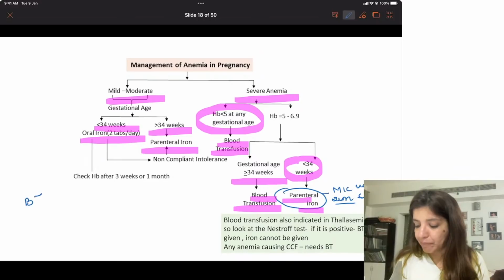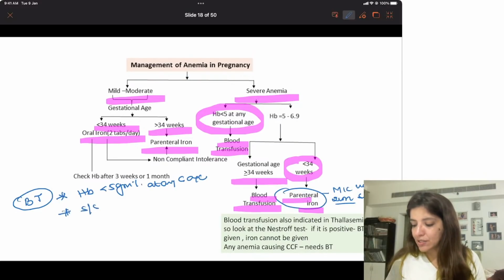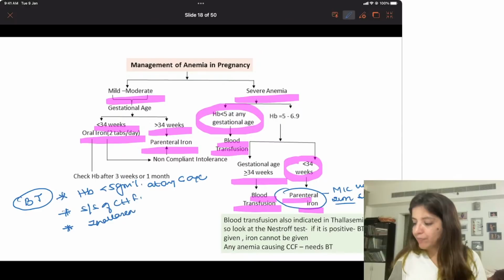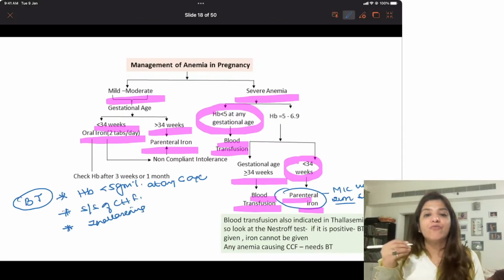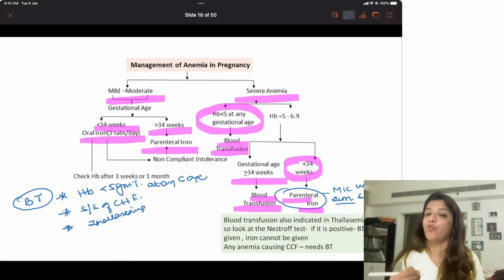Please remember that blood transfusion has to be done in all patients in whom hemoglobin is less than 5 gram percent at any gestational age. Number 2, if there are signs and symptoms of congestive heart failure. Number 3, if patient has thalassemia. In thalassemia, that is if Nestrov test is positive, which is a screening test for thalassemia, you do not give iron.